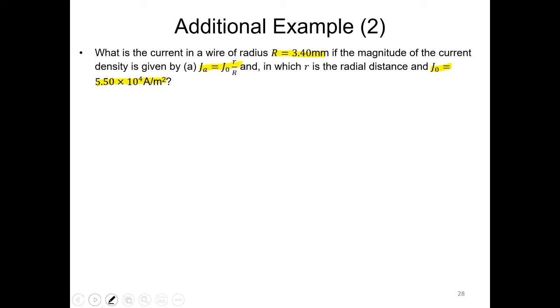So I_A, we can use the integration J_A dA.